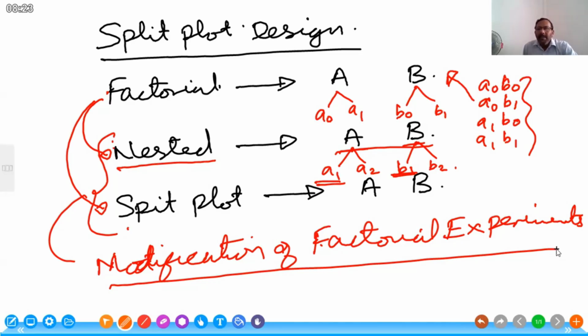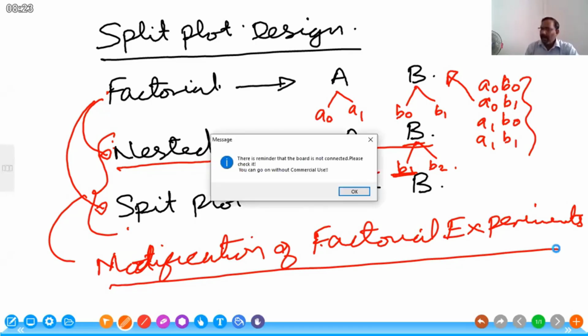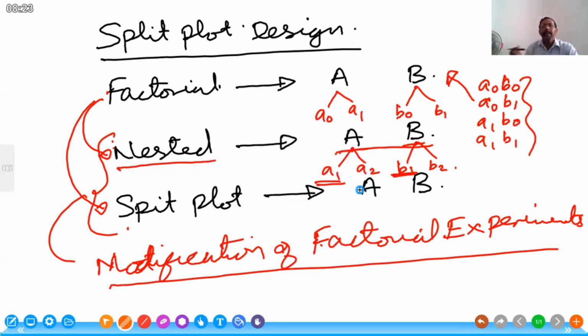Then if you don't have the opportunity to do a factorial experiment, then you go for nested or split plot, because these nested and split plot have been treated as inferior to the factorial setup. In terms of superiority, factorial is much more superior. The others are modifications of factorial, where the precision might vary.